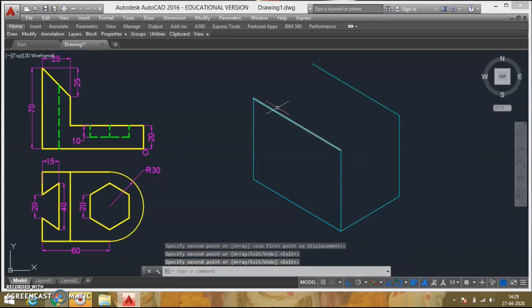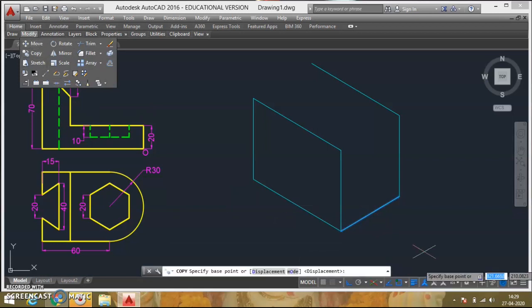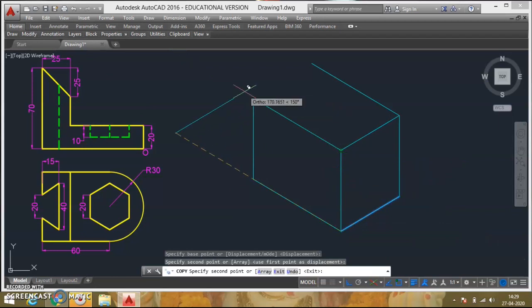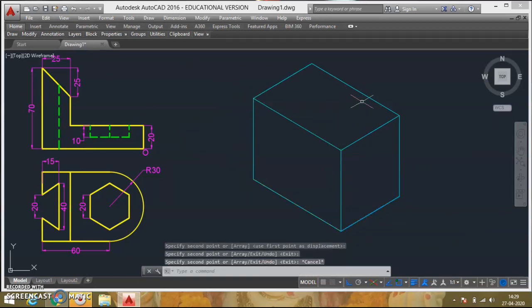So I have drawn a line parallel here and a line parallel here. Once it is done, I'll take this line and draw the parallel line to this line passing through this point. This will join those two points and pass through this point. So automatically your box will be ready.